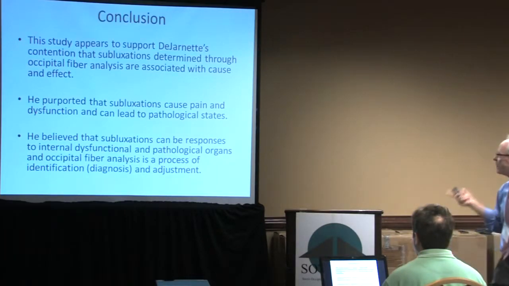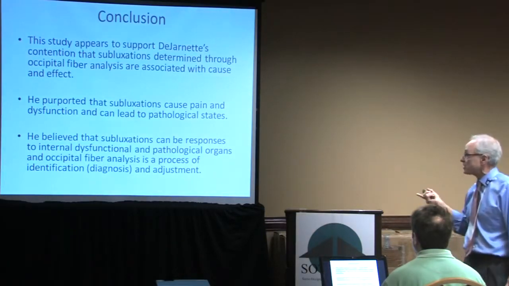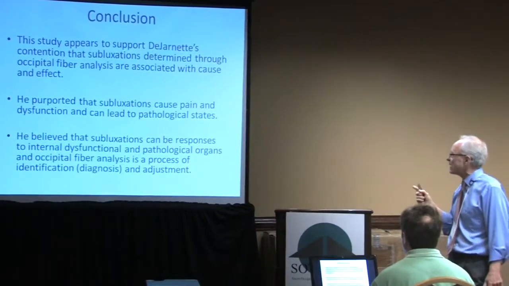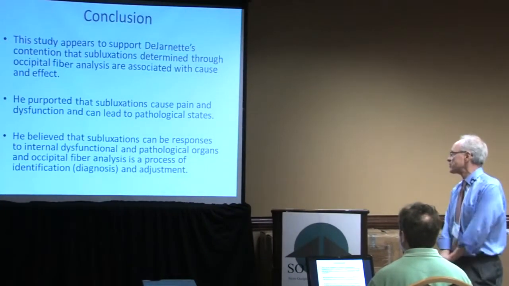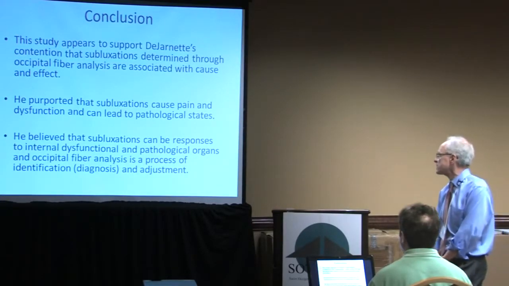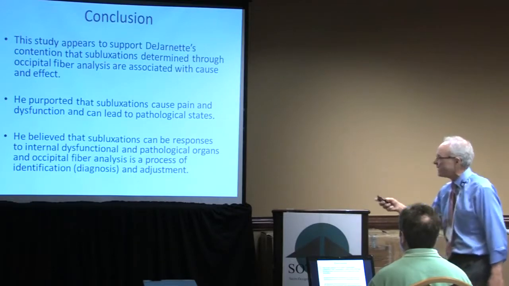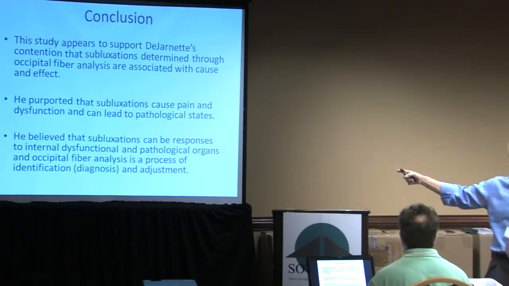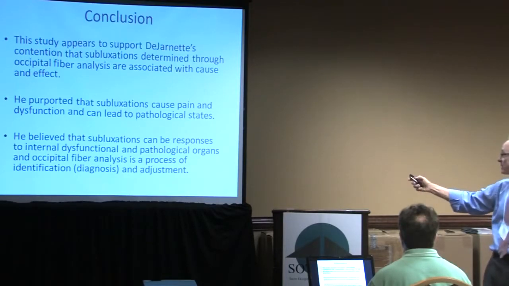He purported that subluxations cause pain and dysfunction and can lead to pathological states. He believed that subluxations can be responses to internal dysfunctional and pathological organs, and occipital fiber analysis is a process of identification. So subluxations can be diagnostic and adjustments.